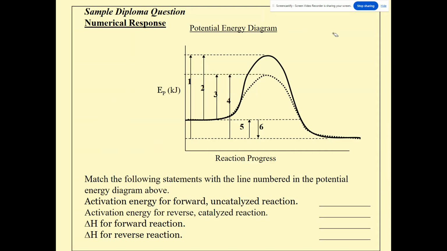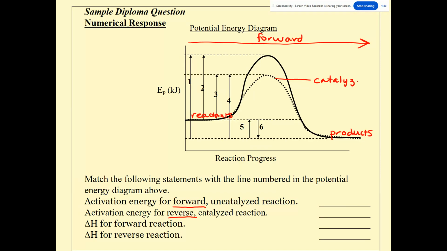Here's a sample diploma question. Notice how it refers to the forward and reverse reaction. The forward reaction is reading the graph like we normally would, where I have my reactants to start and my products to end. The catalyzed reaction is always the lower one, because that's the purpose of a catalyst.